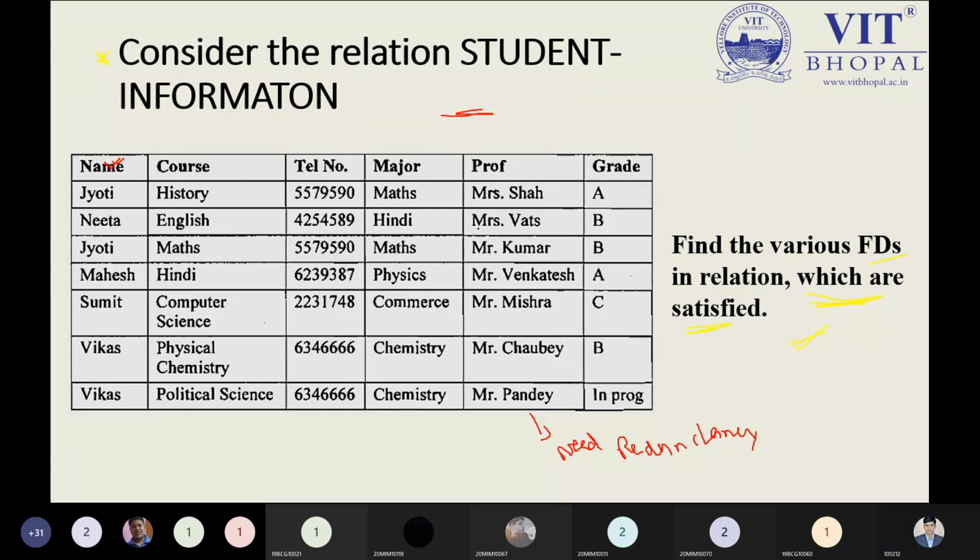Understand the question: I'm asking to find the various functional dependencies. That means you have to determine the dependencies, not the type. Type tells us which functional dependency we are calling, but here you have to determine the dependency. Determination means the relationship between two or more attributes.